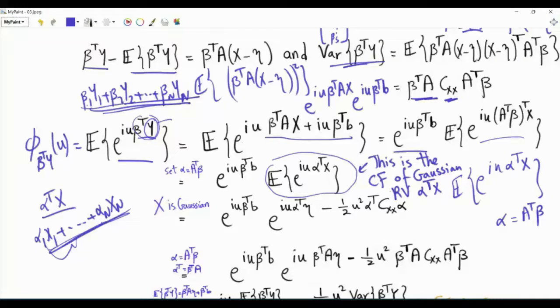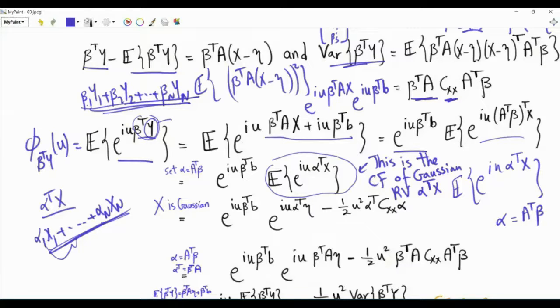So again, we will take this result for granted. Whenever I see a Gaussian random variable, then there is an established expression for its characteristic function. It is basically obtained using contour integration, and it is not that difficult, but again, we will take it here for granted.